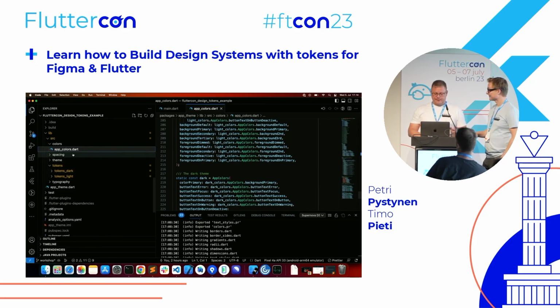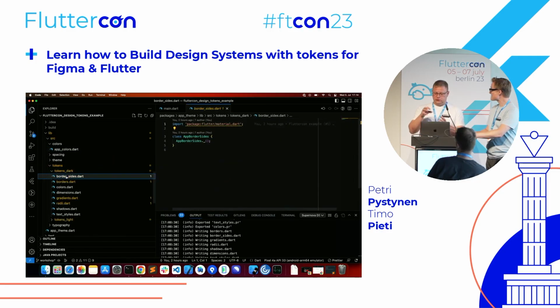But when you get this working, it should not change, because these token files are the only source of truth. If a designer wants to change some value, only the token changes, nothing else. So that's why it's tokens, components, and then views, if possible.